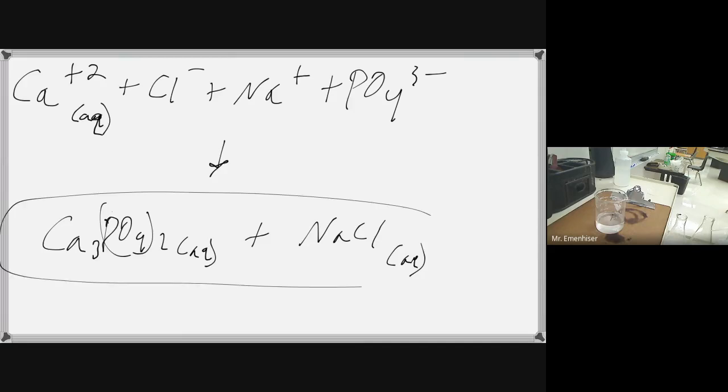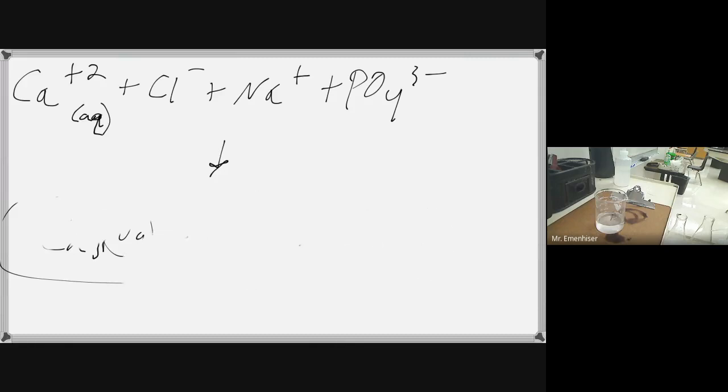Let's write this as a total ionic and see what we get. So we're going to get calcium ions, chloride ions.